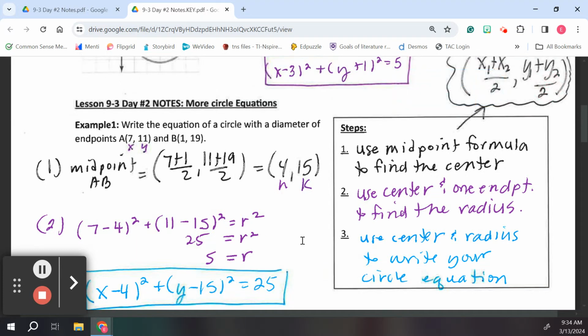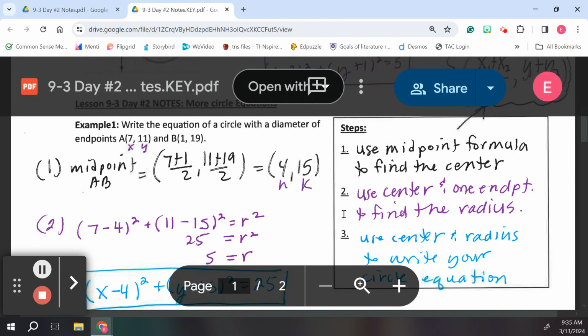I want you guys to write down these steps. Today we're just learning about more ways that we can find circles given certain parameters. In this case, if we're ever given 2 points for a diameter, first we would use the midpoint formula to find the center. Then use the center and one endpoint to find the radius.